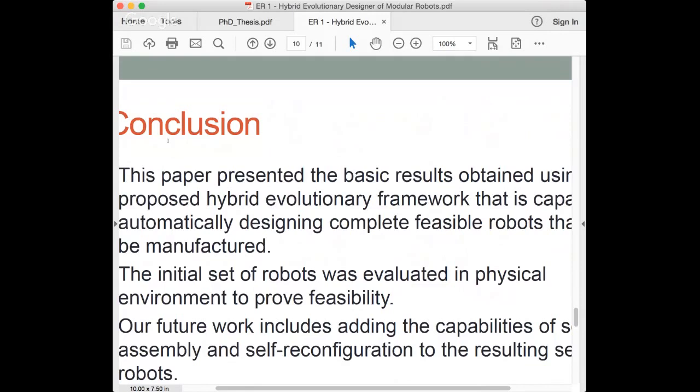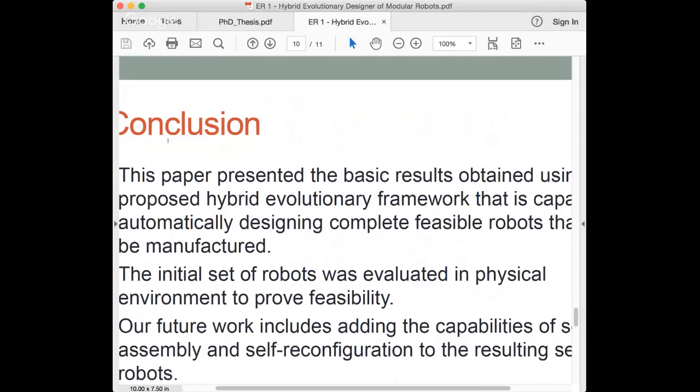As future work, we would like to include self-assembly capabilities in the robot, so the robot will self-assemble into the output design of this algorithm.